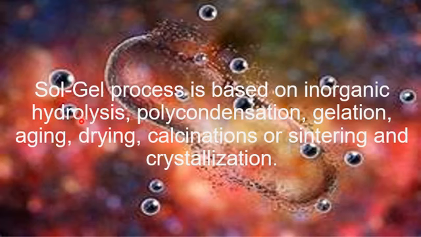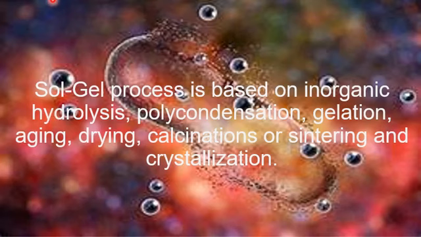So as I have discussed, one of the routes of the sol gel process is the colloidal route of sol gel processing. So in colloidal routes, usually nitrates or chloride salts are used. These nitrates or chloride salts react with water molecules and result in an inorganic hydrolysis.